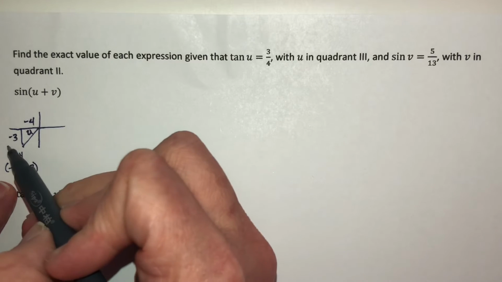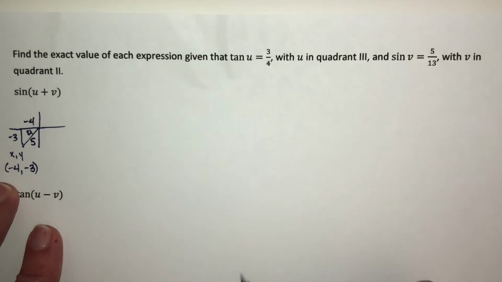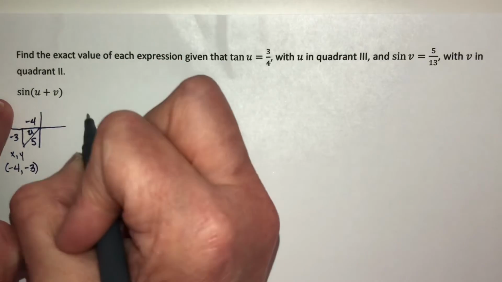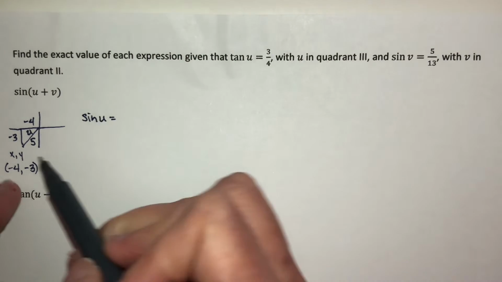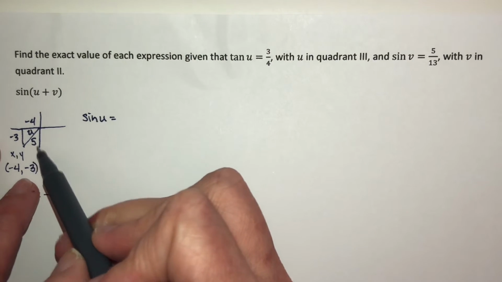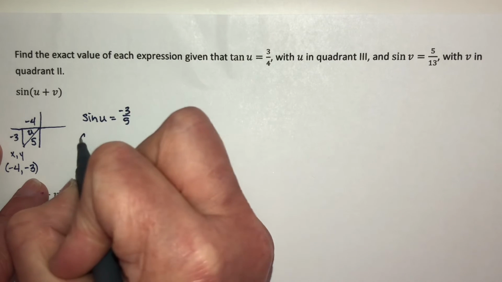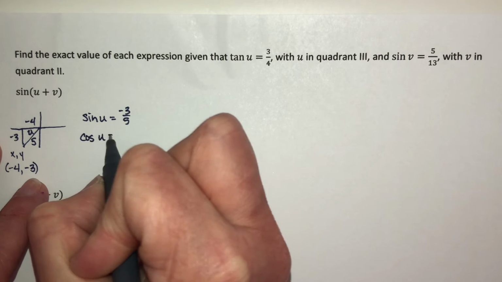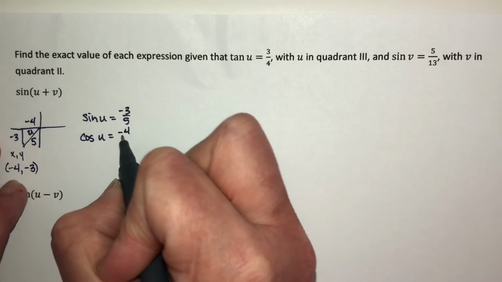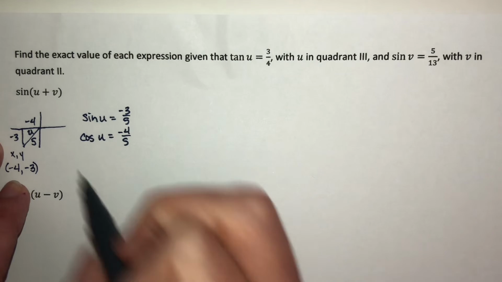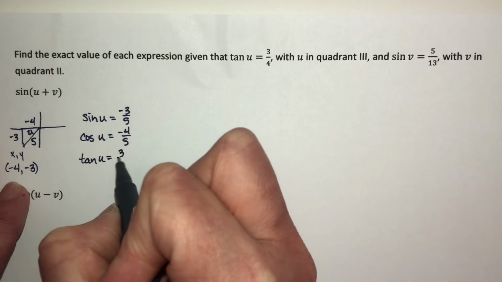Use the Pythagorean theorem, and you'll find that the hypotenuse here is 5. So for u, sine of u is y over the radius, so -3/5. Cosine of u is x over radius, so -4/5. And then we know that tangent of u is 3/4.